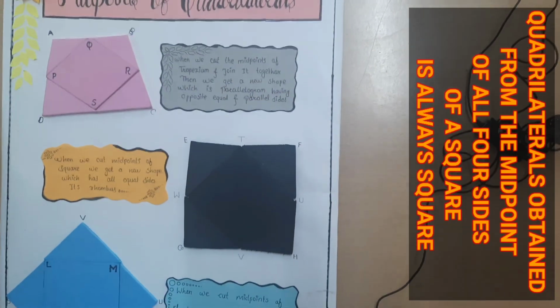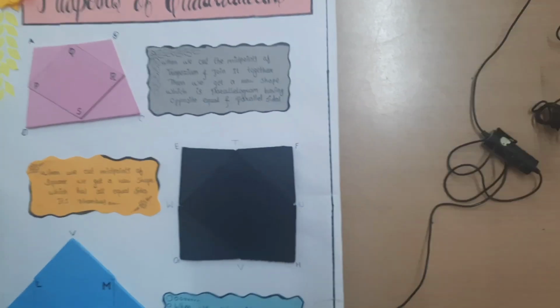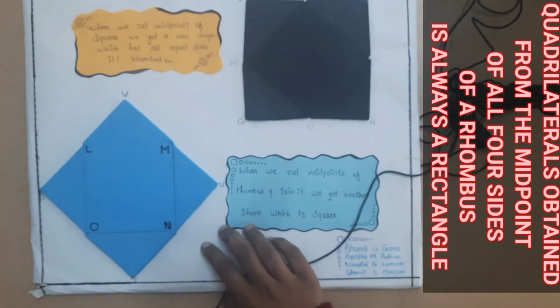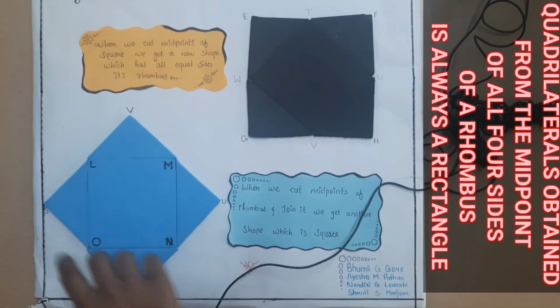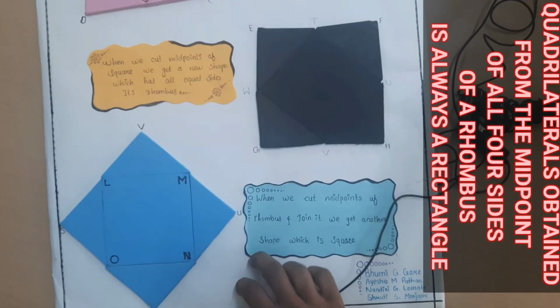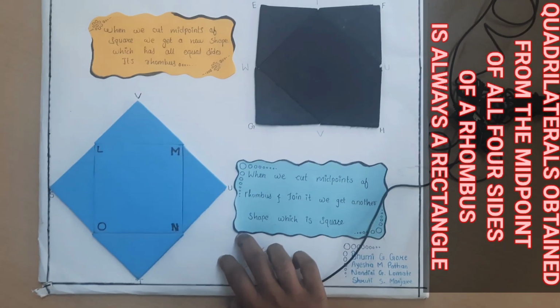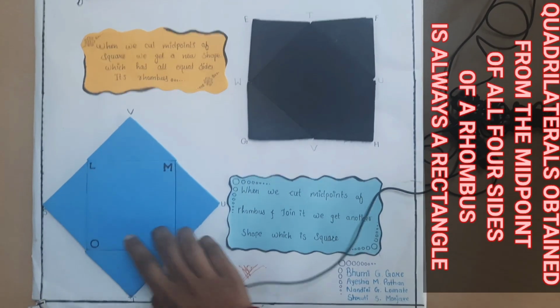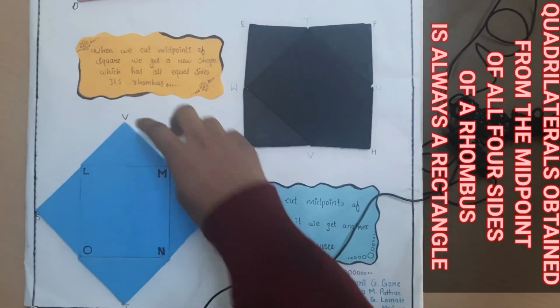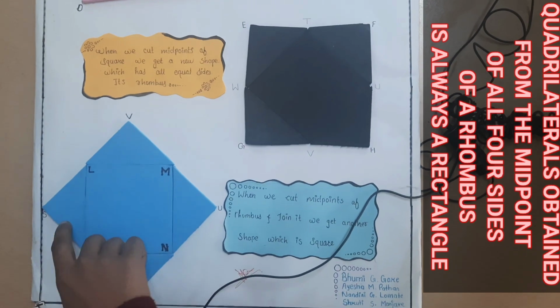Now who is going to explain the third one? Come here, this side. Yes, please. Now click this. In a quadrilateral VUTS, which is a rhombus, we get midpoints. We cut the sides SV, VU, UT, and TS.